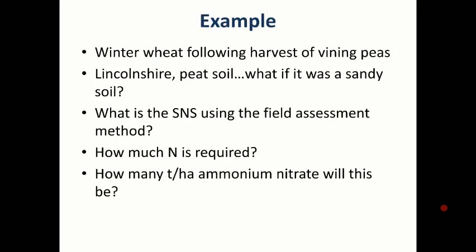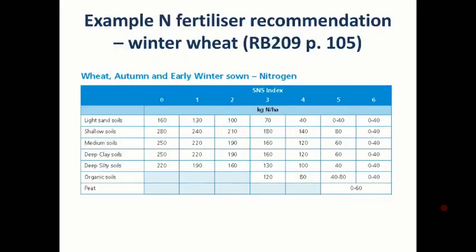You could have a look at RB209, the sections on soil nitrogen supply, and just follow your way through, looking at what the previous crop was, where you're located, what soil type you're on, where you're located in the country, and then what the soil nitrogen supply index is in that area. So that's an example. I guess this is for winter wheat following vine peas. Yeah, we'll do that in our practical class on Friday.